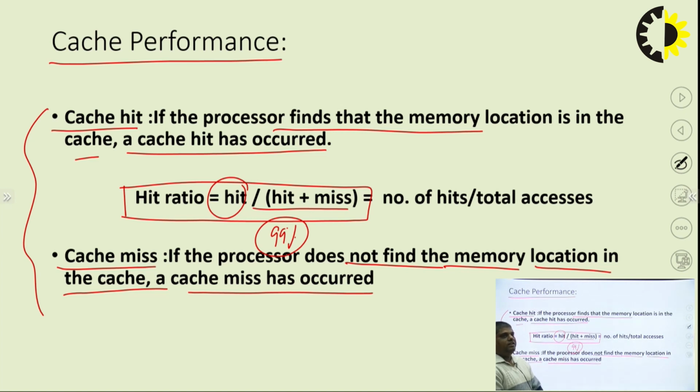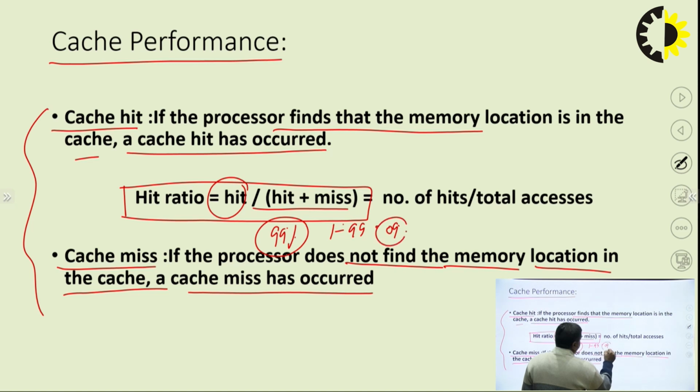If the hit ratio of the cache is 99%, then what is the miss ratio? 1 minus 99%, it means 0.09% is known as the miss ratio. If the miss ratio is minimum, it means that cache is much better, and the performance of the cache is best.